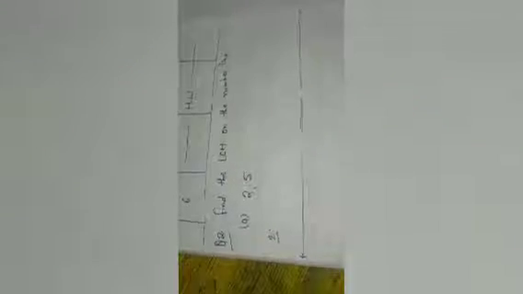After that we will draw the number line. This is the number line. Okay students, from 0 I will start, and till 20 it has been given in the question.